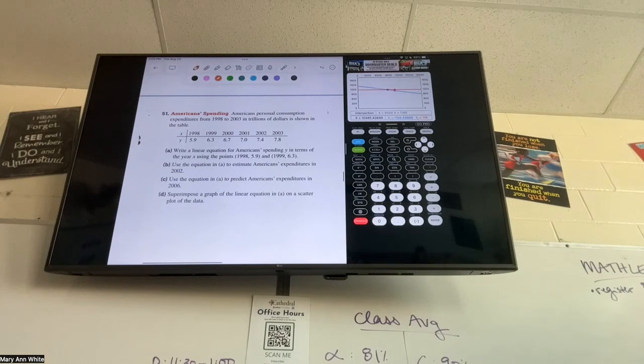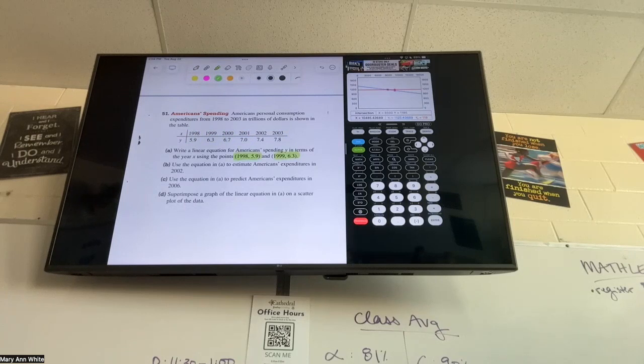Okay, this problem says, America's personal consumption expenditures from 1998 to 2003 in trillions of dollars is shown in this table. So I've got all my X's on top, I've got all my Y's on the bottom. The points that line up, that's 1 point, that's a point, that's a point. It says write a linear equation for American spending Y in terms of the year X using these 2 points. We're gonna use these points and we wanna write a linear equation.